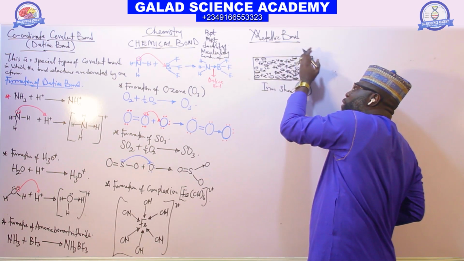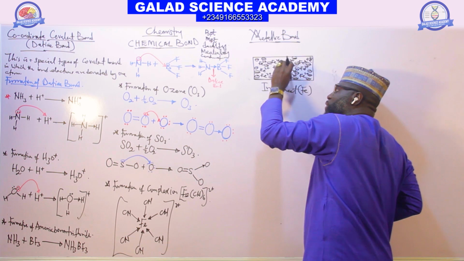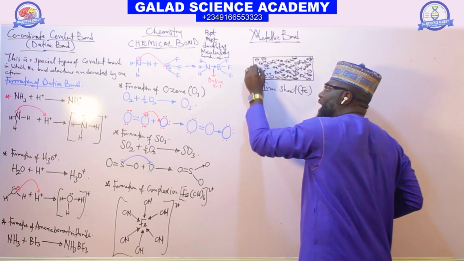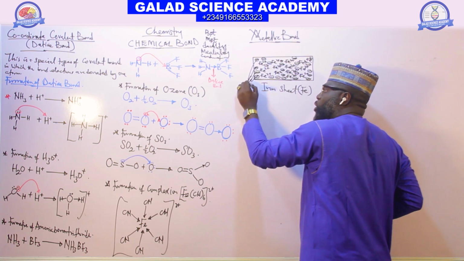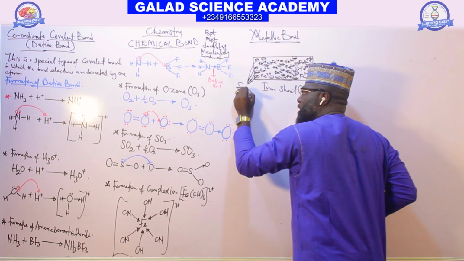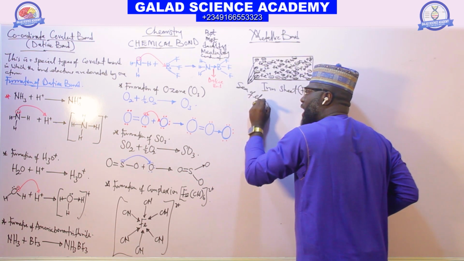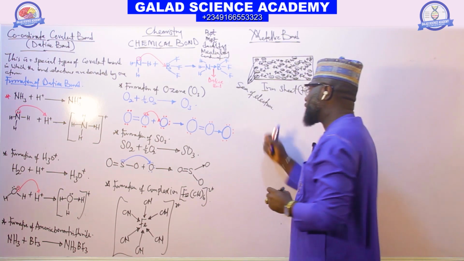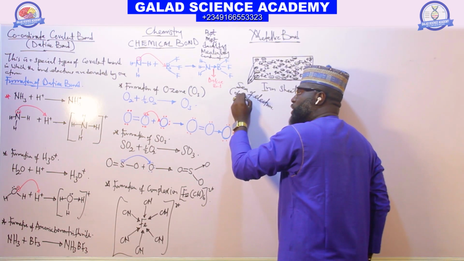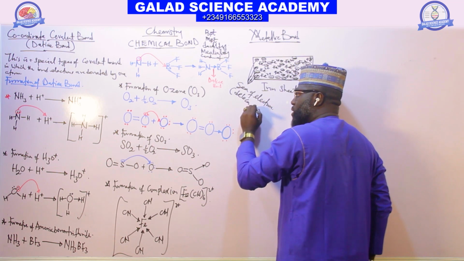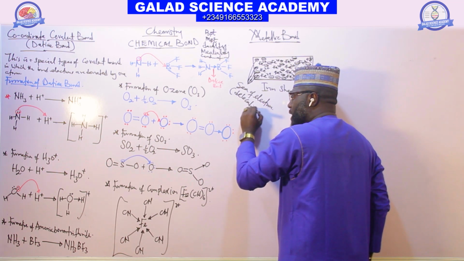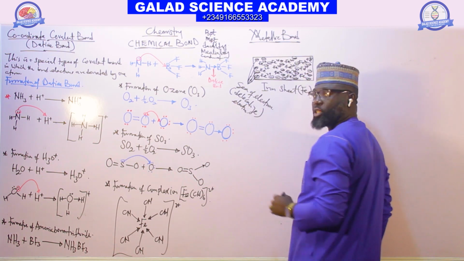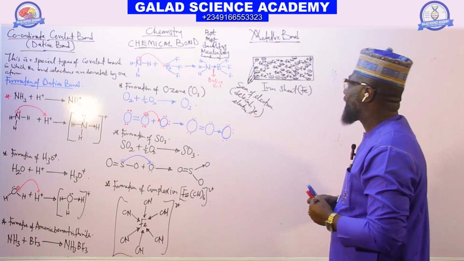And this group of electrons that is ionized from the metal, together they are called what? Sea of electrons. Or we can also call them delocalized electrons, or electron cloud.